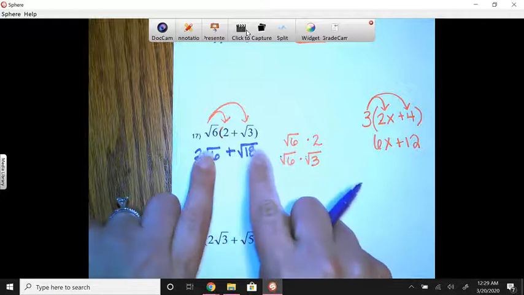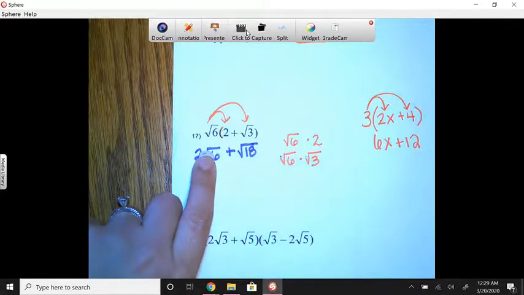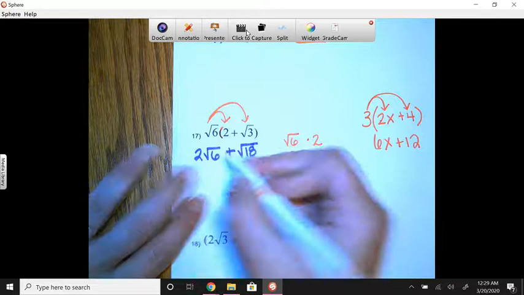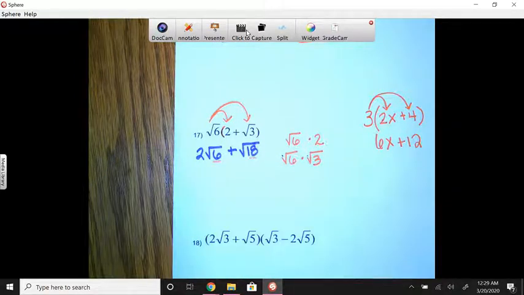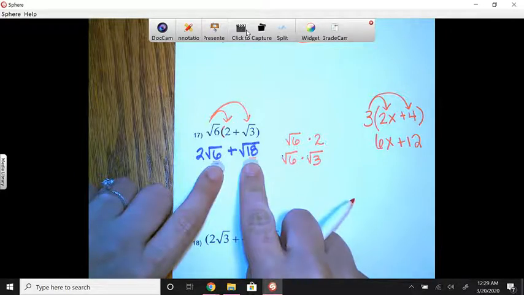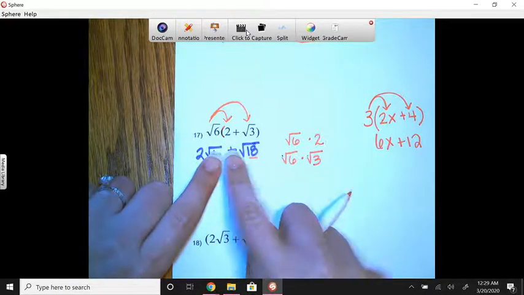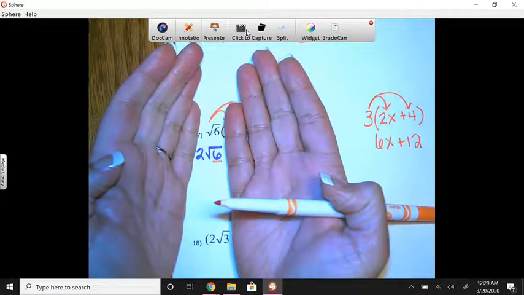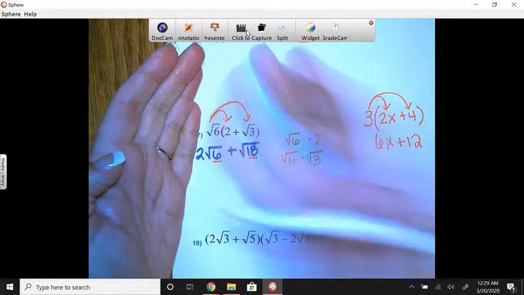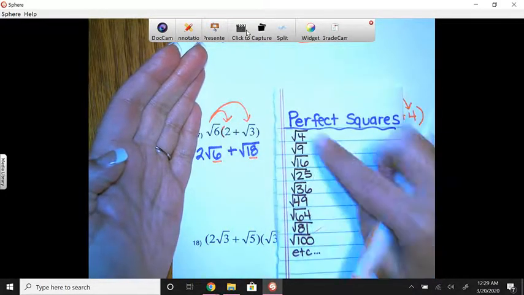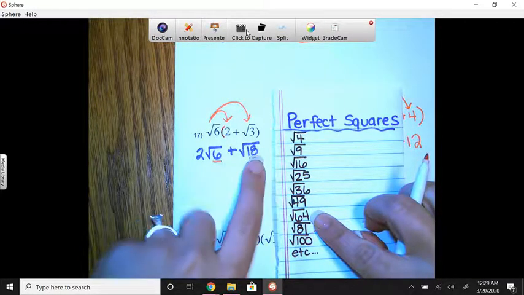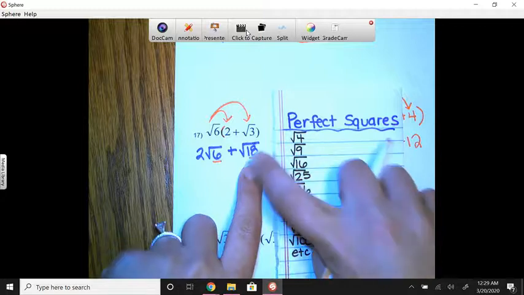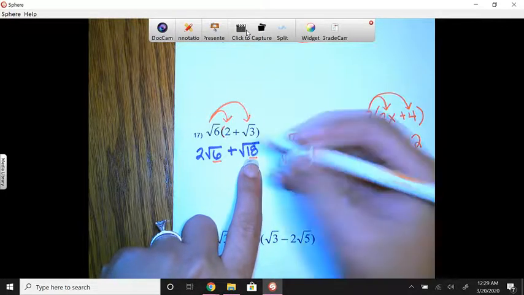Now there's an addition. So now we have to remember, in order to add radicals, these have to be the same, which they're not. So to find out if they can be simplified together and added together, we have to make sure each term is completely simplified. So that means we have to see if any of these numbers can go into 6, and the answer is no. And 9 goes into 18, so we know this one can be simplified further.